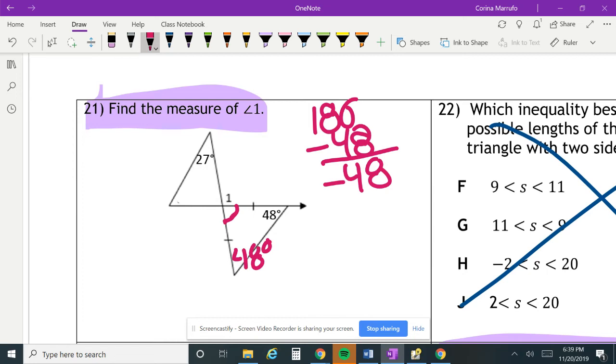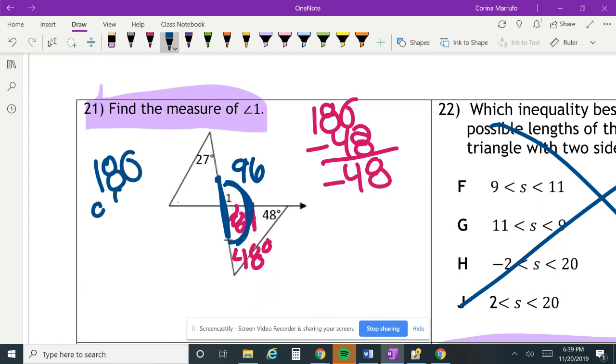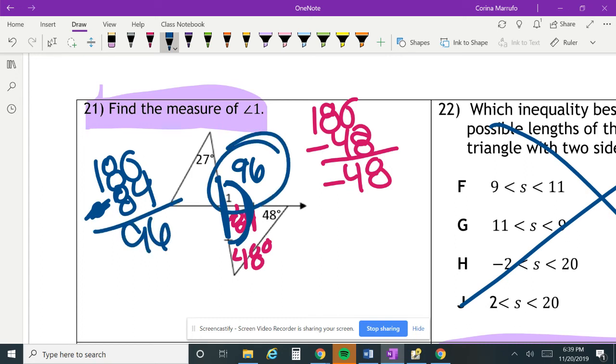And that gives us 84. So that means this angle is 84. Now this angle makes a straight angle with angle 1, so these two angles should add up to 180. Since that one's 84, angle 1 should be 96, because 180 minus the 84 equals 96. And that would be your answer.